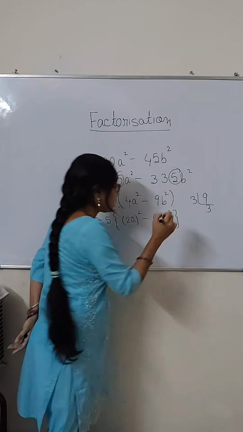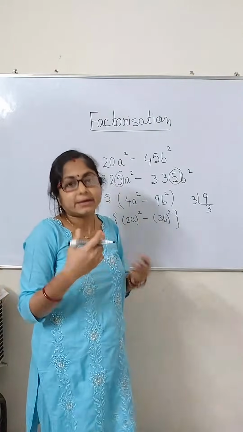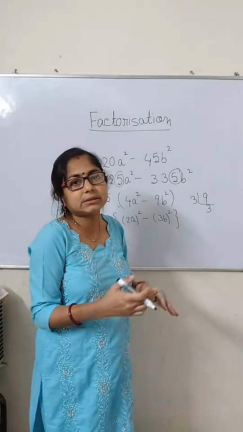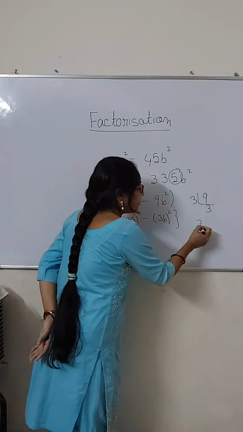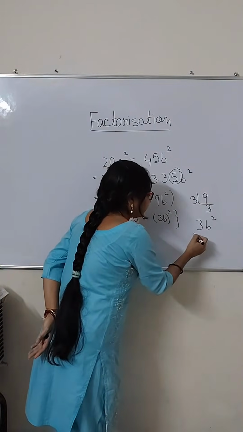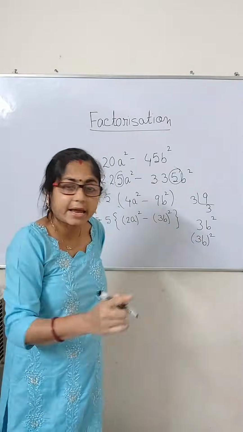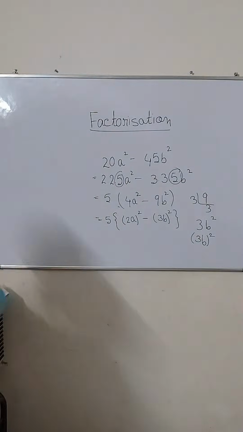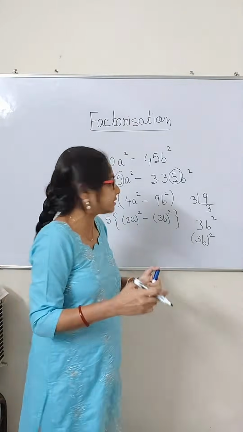And then the question: why do I use the bracket? Most of the time it happens that kids don't use any bracket. But what happens? 3b square and 3b whole square are not the same. It is a very common mistake of the students.